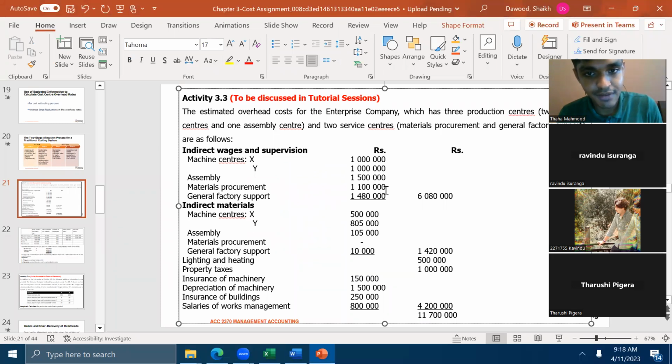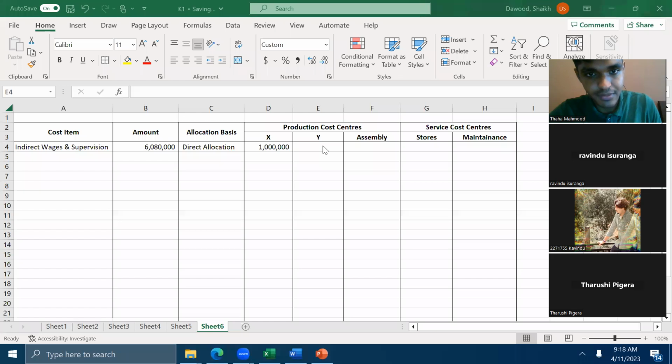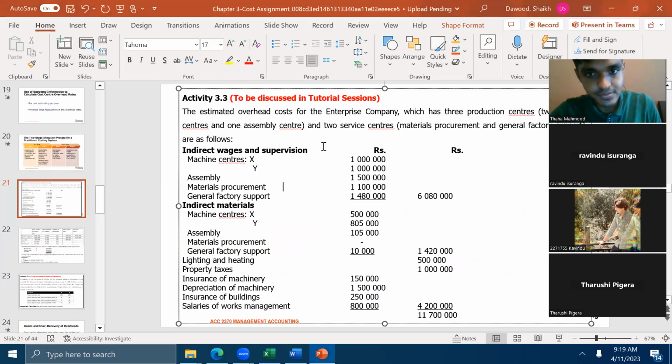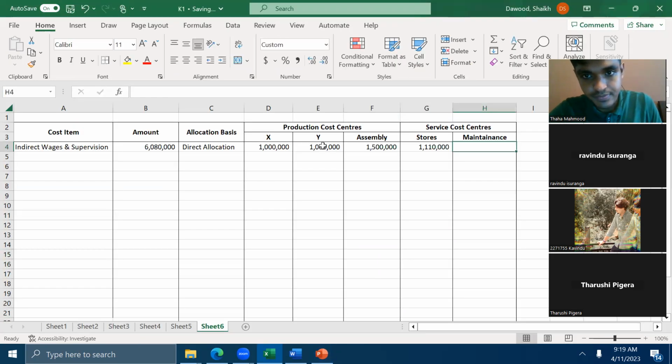They have directly allocated 1.1, 1 million, 1.5 million, 1.1 million and then 1,480,000.